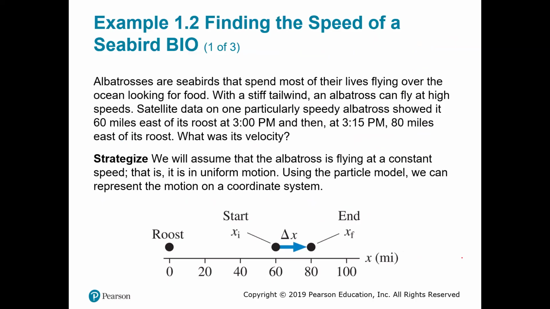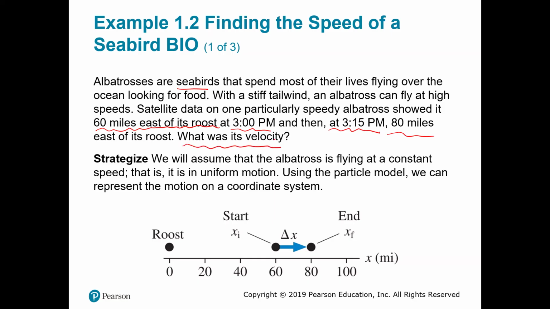And now you have another example here, finding speed, right? So you have a seabird flying over the ocean, and then you can read this question. 60 miles east over Saarlouis at 3 p.m. and then at 3:15, 80 miles. What is this?